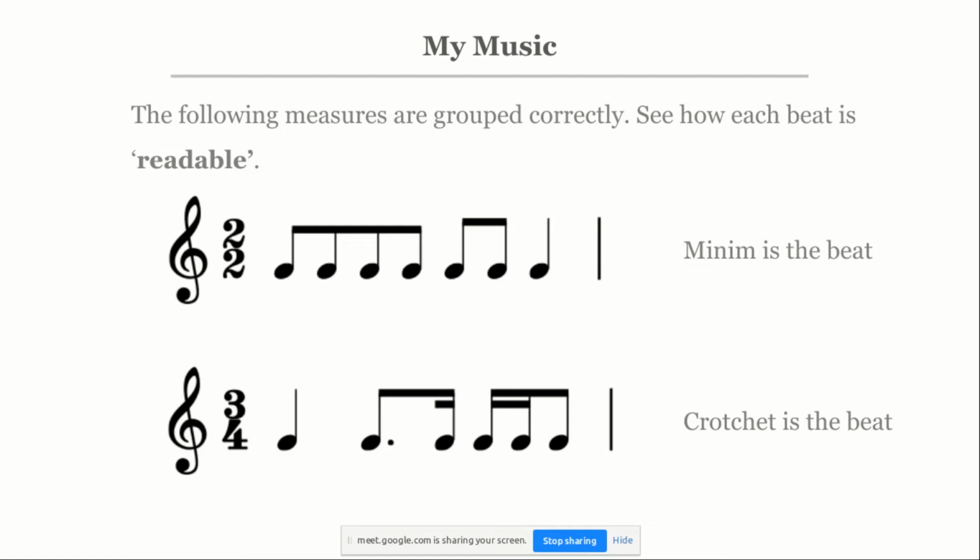Do you know what a beat means? A beat? Yes. A beat, for example, in 3/4, the bottom here, what is a beat? Is it a minim, a crotchet, or a quaver? What is our beat in 3/4? Yeah, it's a crotchet.